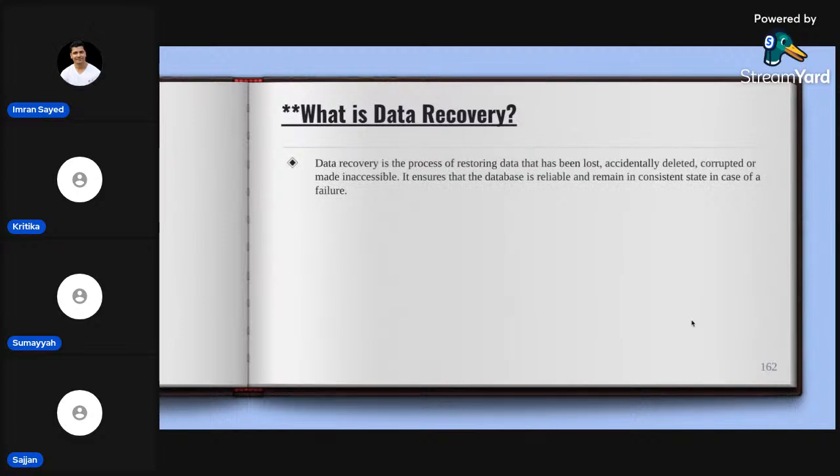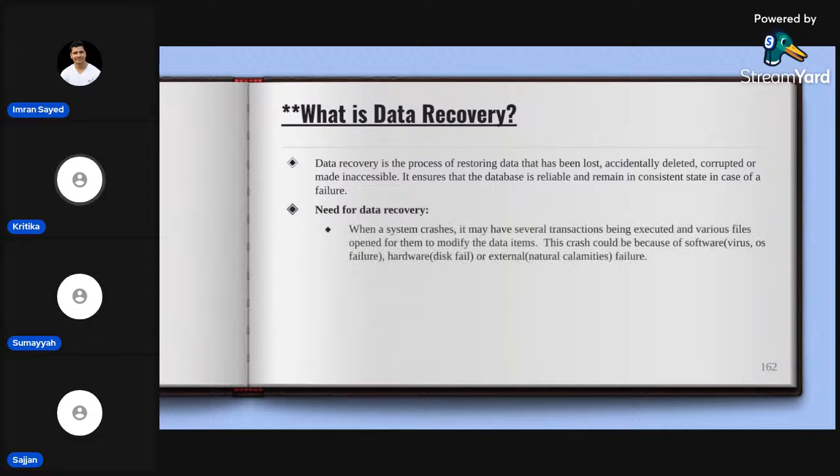What is data recovery? Data recovery is the process of restoring data that has been lost, accidentally deleted, corrupted, or made inaccessible. It ensures that the database is reliable and remains in a consistent state in case of a failure. Need for data recovery: when a system crashes, it may have several transactions being executed and various files opened for them to modify the data items.